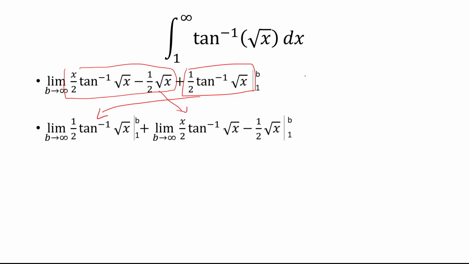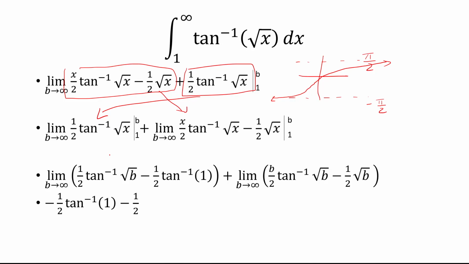One thing you need to know about the inverse tangent is that there are asymptotes at negative pi over 2 and pi over 2. And so as x approaches positive infinity, it's going to approach pi over 2. Okay, so now we plug in b, subtracting when we plug in 1.